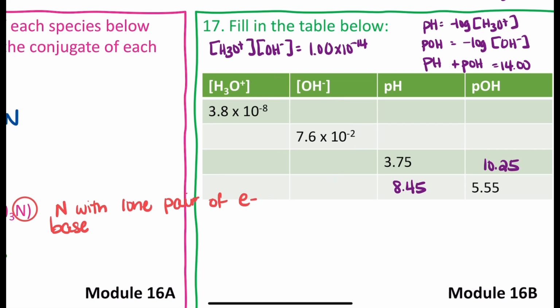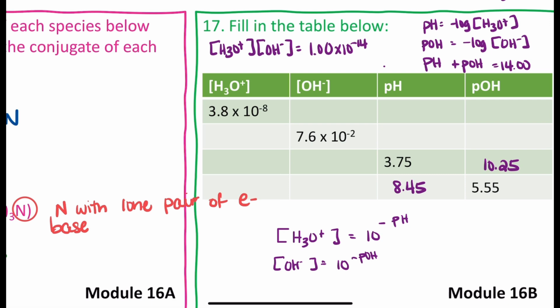I can also take advantage of the equations over here that I already wrote down, knowing that my H3O plus concentration is equal to 10 to the negative pH, and my hydroxide concentration is equal to 10 to the negative pOH. Okay, so with that in mind, I'm going to go ahead and fill in the first row.